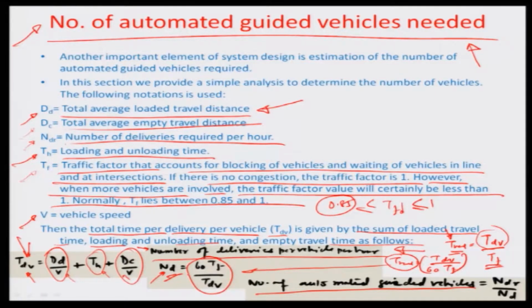And obviously if we had NDR as the number of deliveries required per hour, this NDR divided by this frequency, or just multiplied with the real time of one delivery, which is TDV by 60 TF, gives you the number of automated guided vehicles which are needed.